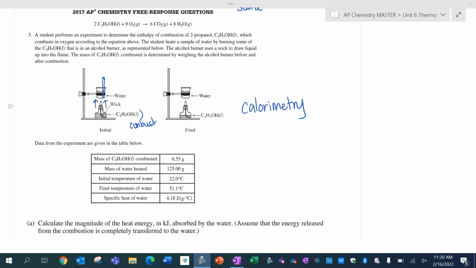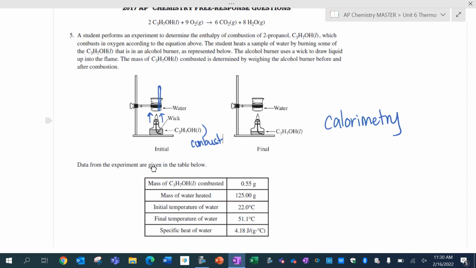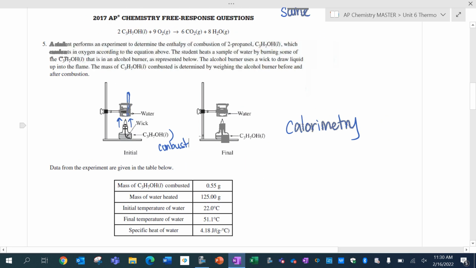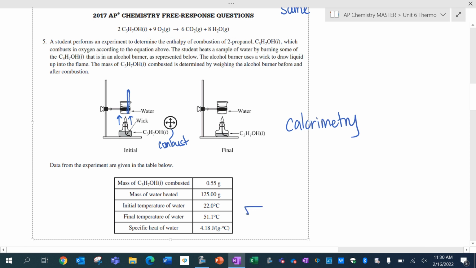Okay, so we take a look at our data set down here. We're getting some info on the table. Notice how the temperature of the water increased. I guess I gave something away earlier when I said the combustion reaction releases energy. How we can tell that is because, look, the water temperature is increasing.